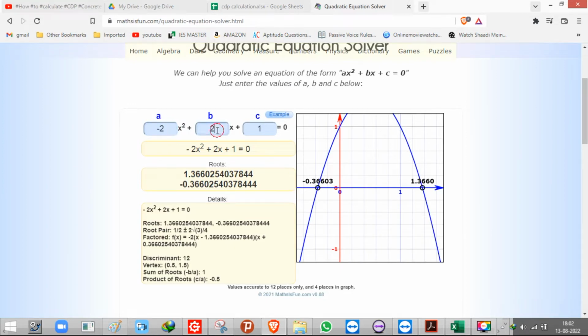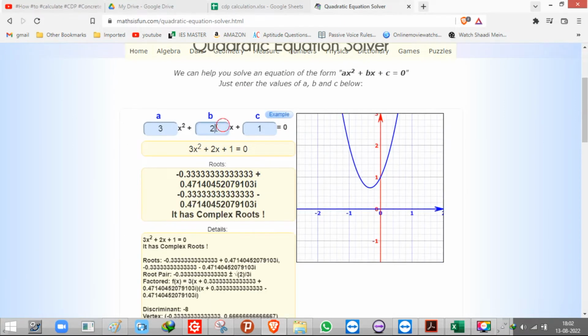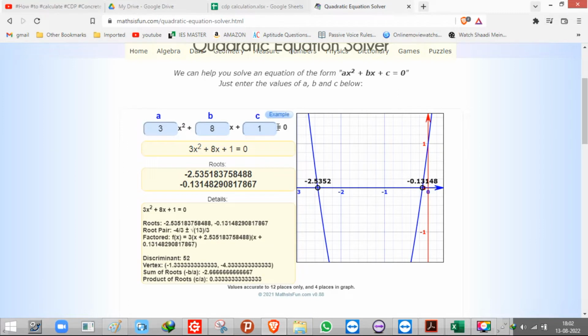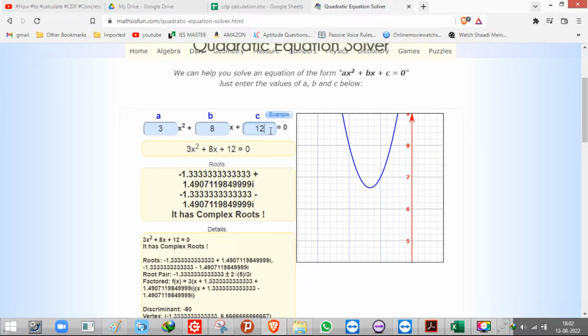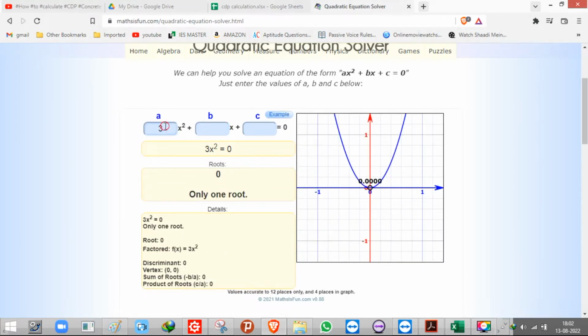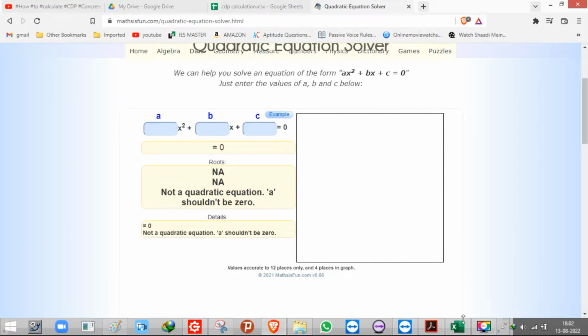Okay, so A, B and C. It will simply give me the roots. Okay, this is a better calculator. Let me check. 3, 5, 2. Okay, yeah. So this will give me the data if I simply enter it over here.